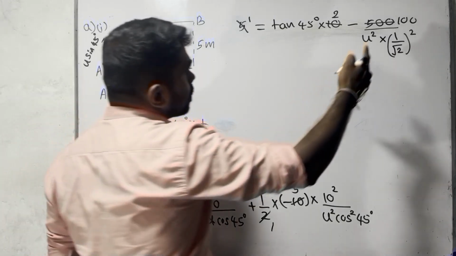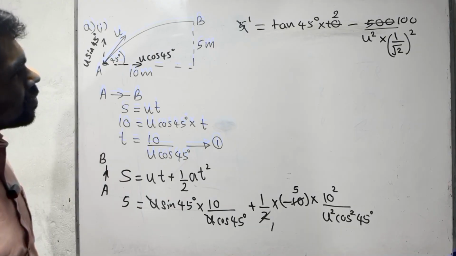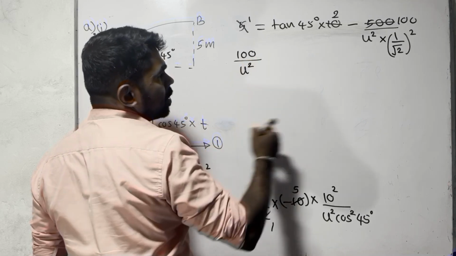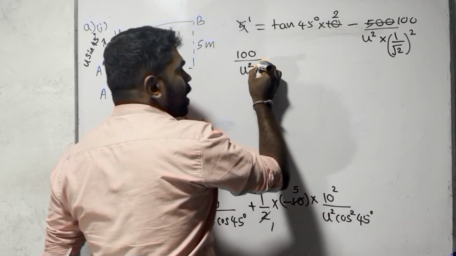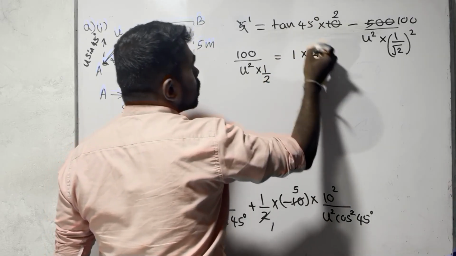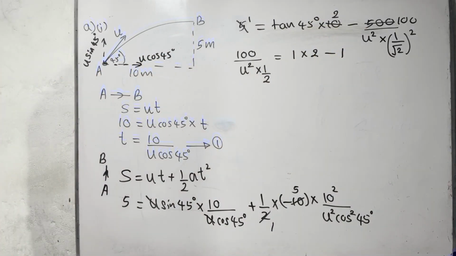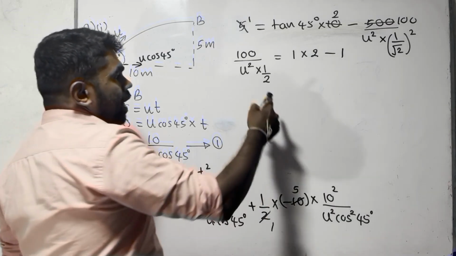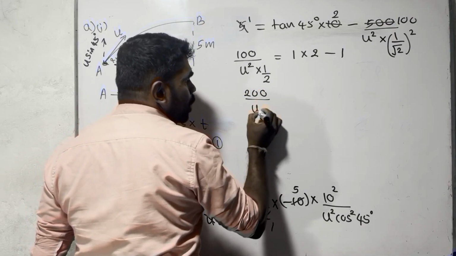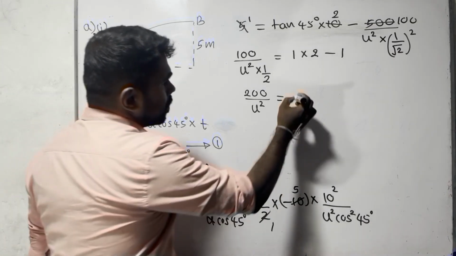Then I will take this minus term to the left hand side. 100 divided by u squared, 1 over root 2 squared is half. Tan 45 is 1, into 2. We have to bring this 1 to the right hand side, it is minus 1. Then we can get 2 to the numerator. 2 into 100, 200, divided by u squared equals 2 into 1, 2, 2 minus 1, 1.